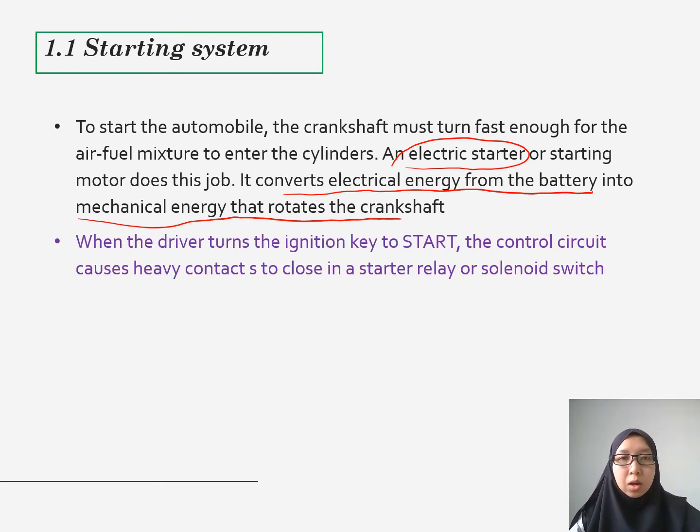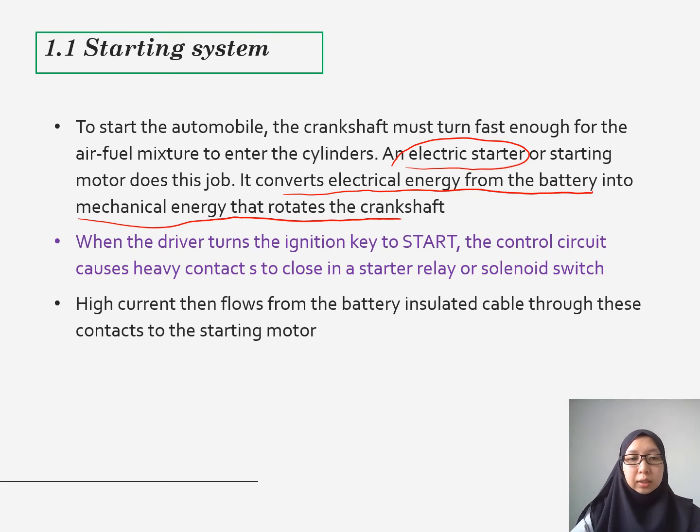Basically, when the driver turns the ignition key to start, the control circuit will cause a heavy contact to close the starter relay or solenoid switch. Then the high current will flow from the battery insulated cable through these contacts to the starting motor.